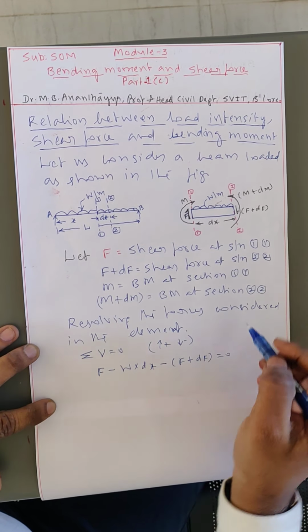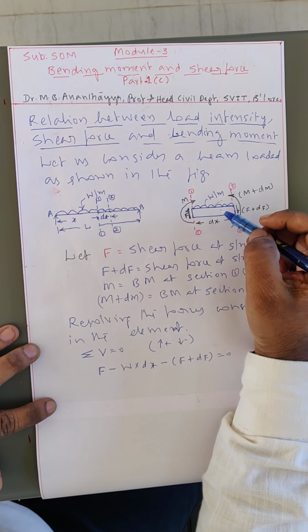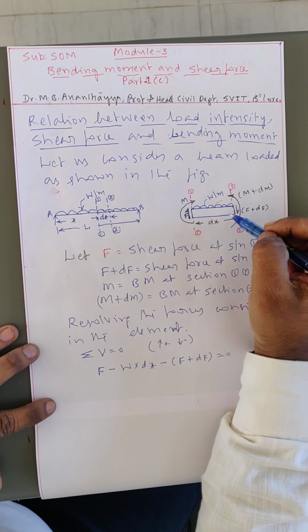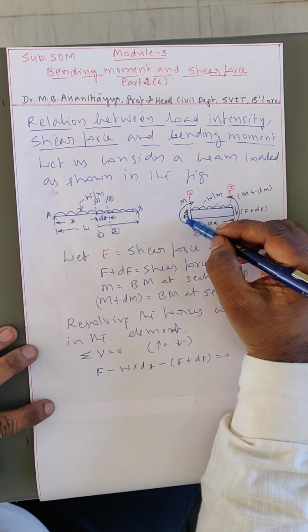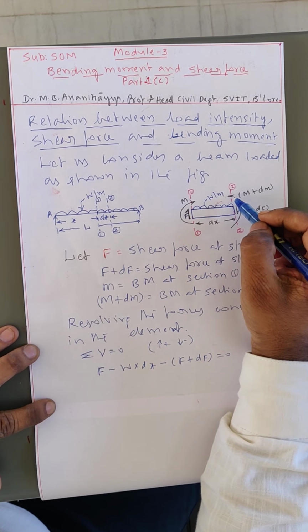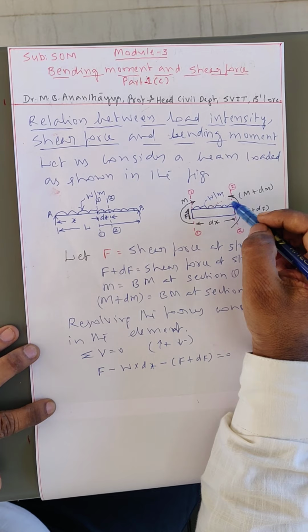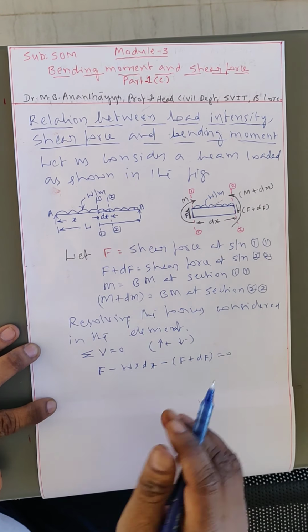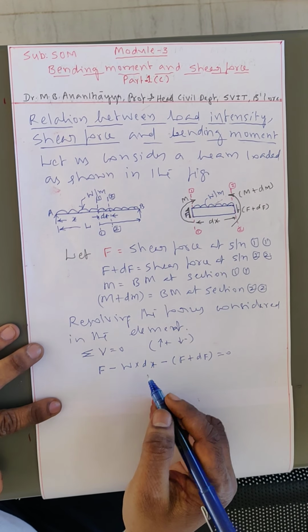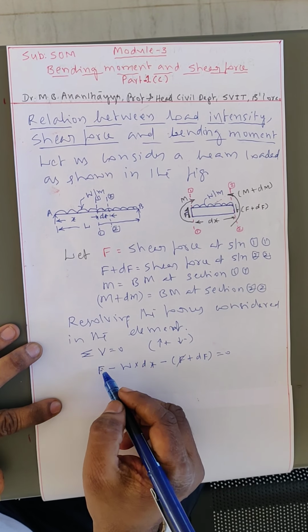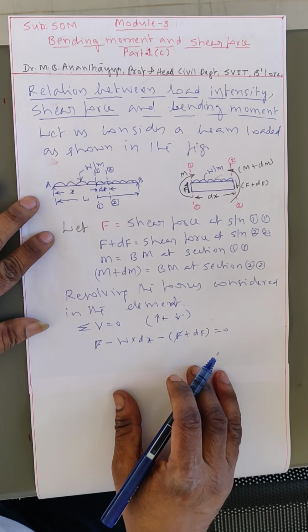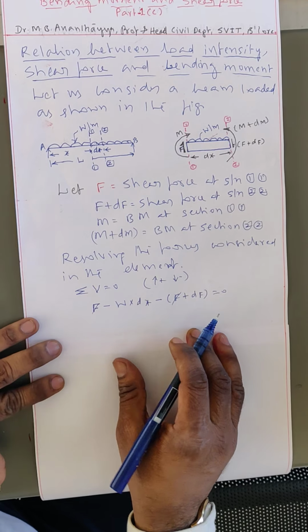During sigma V equals 0 and sigma H equals 0, the moments are not taken into consideration. Minus F and plus F get cancelled.